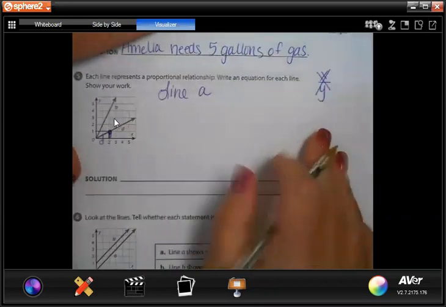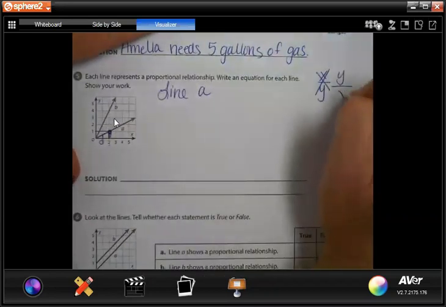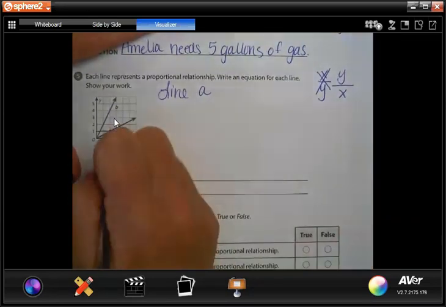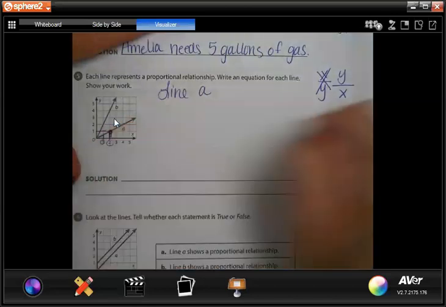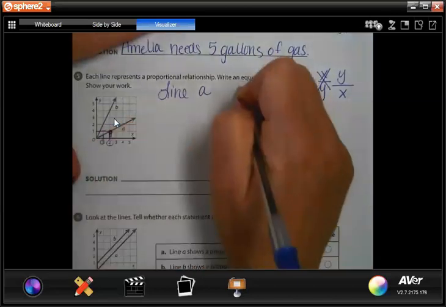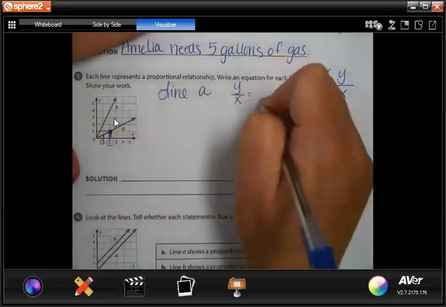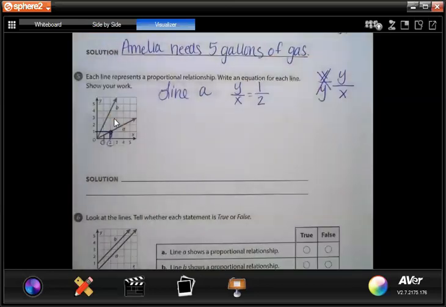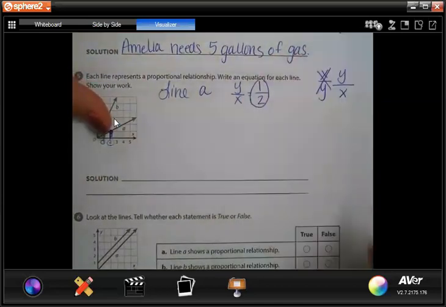The constant is y divided by x. So if you look at this, this 2 is your x value. So 2 is on bottom and it goes to y, which is 1. So my constant is 1/2.